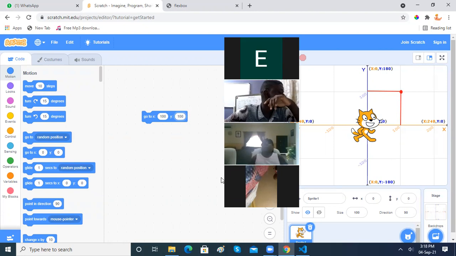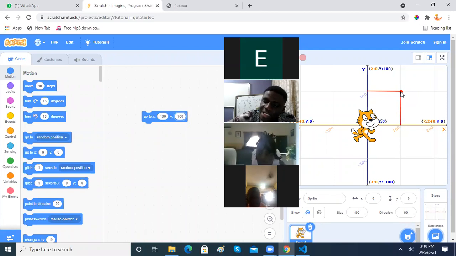Audrey, you see the dot over here. What is the X and the Y number for that dot? 100. For X, it is 100. For Y, it is also 100. Do you understand? Yes.